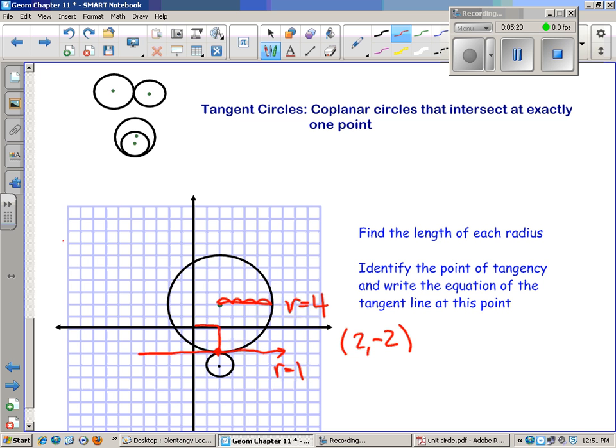Y equals, good. And Y equals what? -2, good. Because if you were doing this point, it'd be -4, -2, -2, -2, 0, -2, 2, -2, 4, -2. The common thing is they all have a Y equal to -2, right? So no matter what X is, Y is -2.